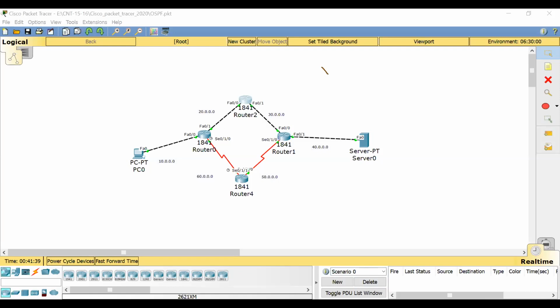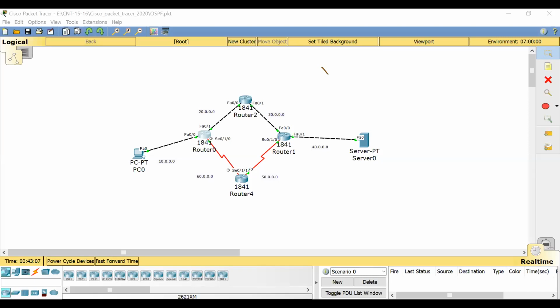Again we'll see the topology. For 60, if you want to check the bandwidth of the interface, you can give the command show interface. I'm not able to maximize it, so just wait. So show interfaces, here you can observe, it will show you all the interface details.